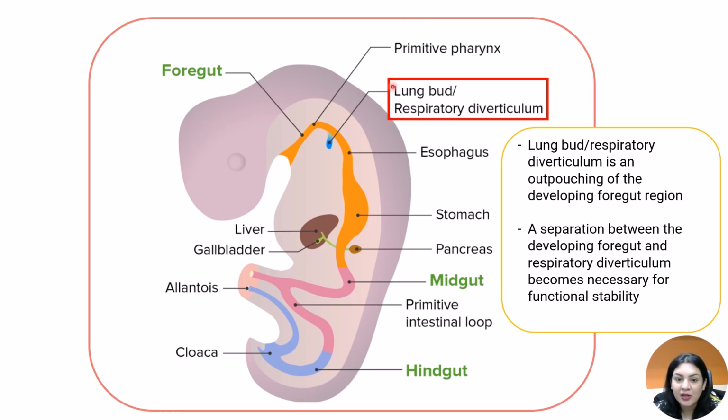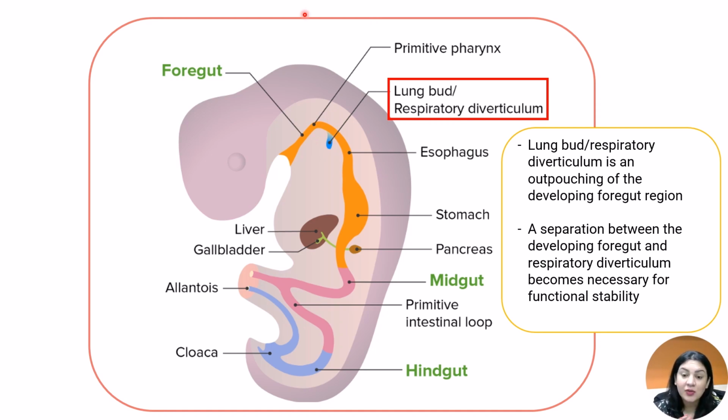But what's important here is if you look at this tiny little speck in blue, that's the beginnings of the lung bud, or the respiratory diverticulum. And as you can see, it's arising as an outpouching of this region of the foregut. In these early stages of development, this diverticulum or outpouching is going to maintain continuity with the developing foregut.